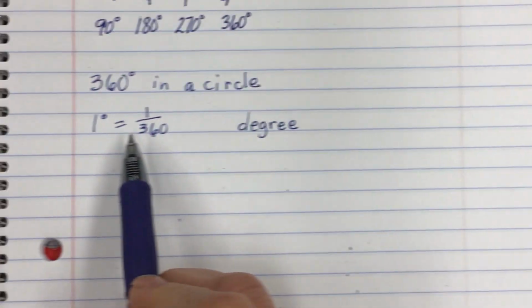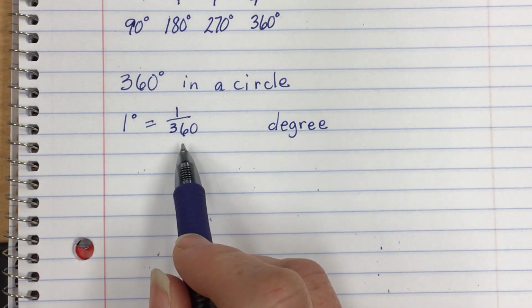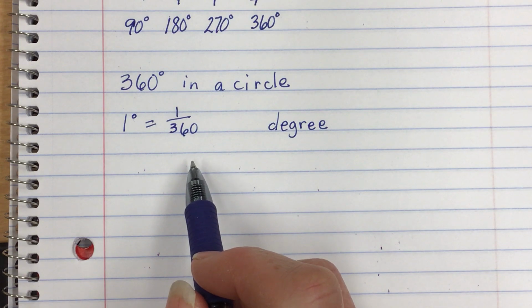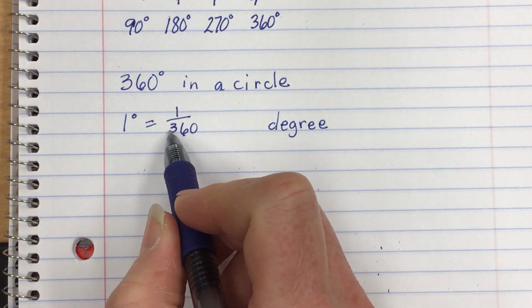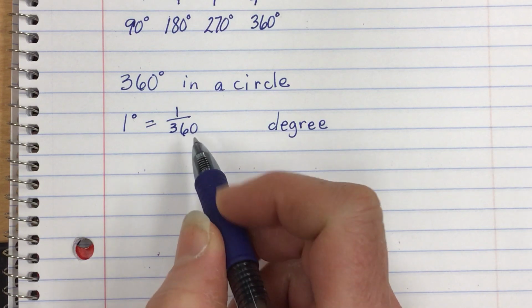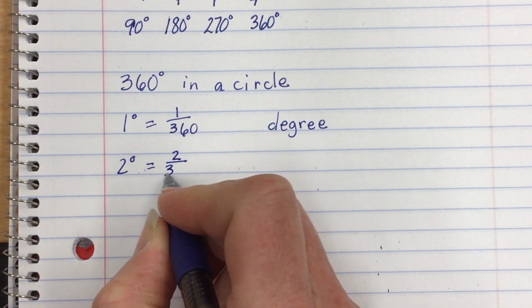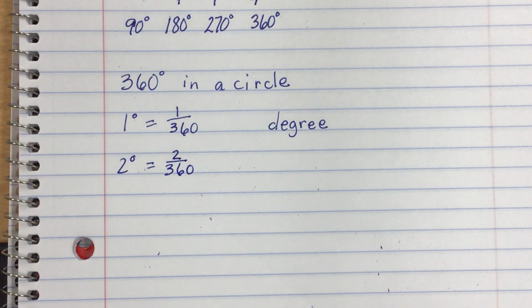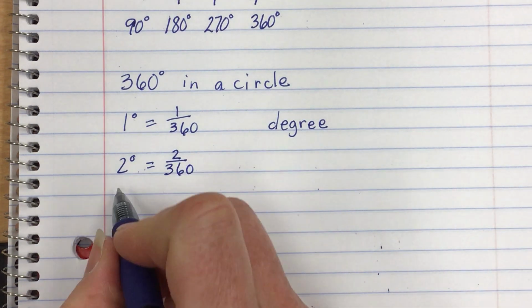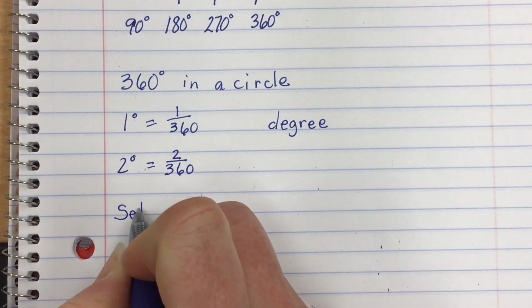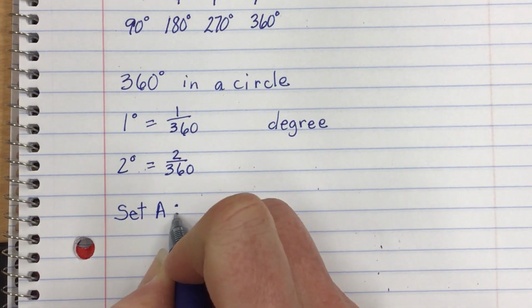And then on number 5, it says we found out today that 1 degree equals 1/360th of a whole turn. It is 1 out of 360 degrees. That means 2 degrees would be 2 out of 360ths of a turn. So what fraction of a whole number is each of the benchmark angles you listed in problem 1? So you have to go back to problem 1, and in set A, let's think about it.